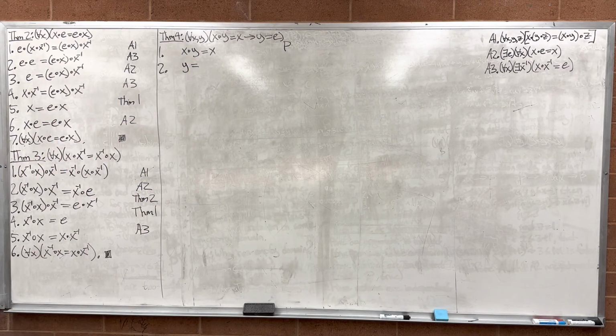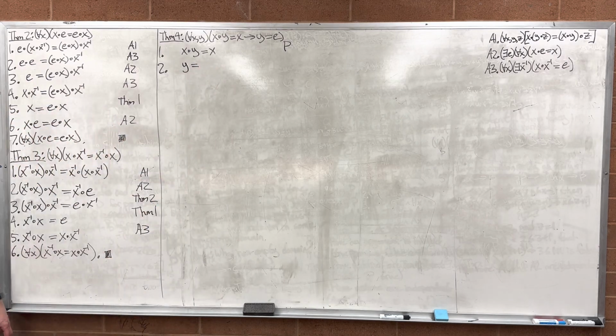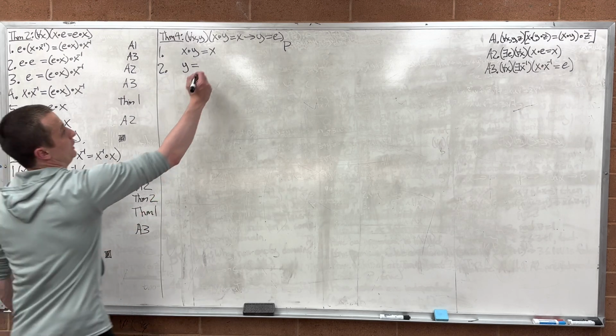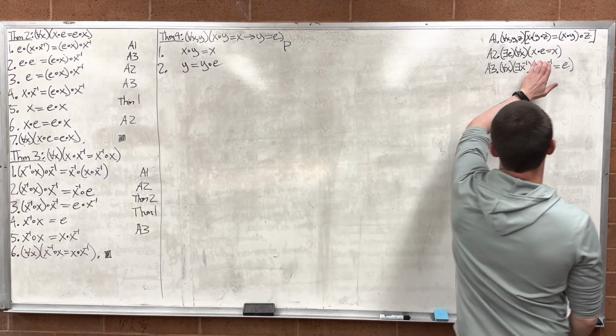well, first off, what's the only thing we know y is equal to? Y compose e. Am I going to want to write it e compose y or y compose e? I think I'm going to want to write it e compose y. Okay. We can do y compose e first, I guess, since that's what our axiom gives us, and then use our theorem.